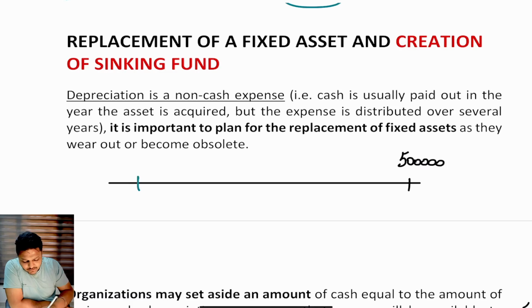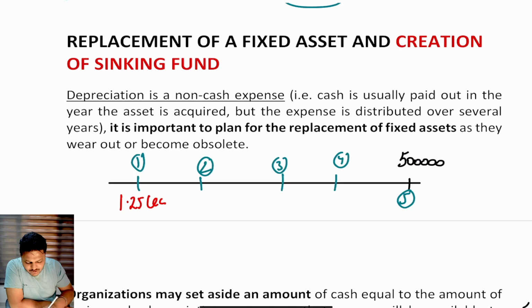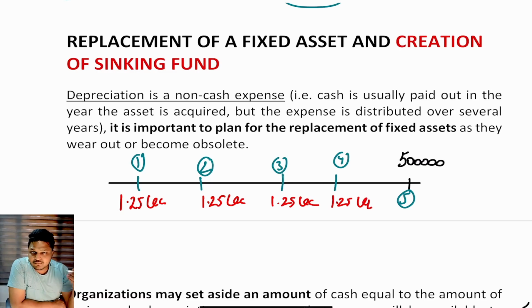So whatsoever the amount of depreciation is there, let's say this is the first year, second, third, fourth, and fifth year, right? Let's say I'm charging rupees 1.25 lakh of depreciation every year. So I'll be keeping aside 1.25 lakh rupees every year, and I'll be investing it at a certain percentage.